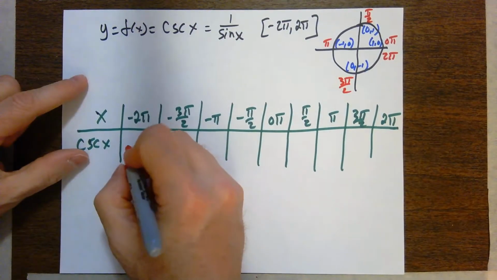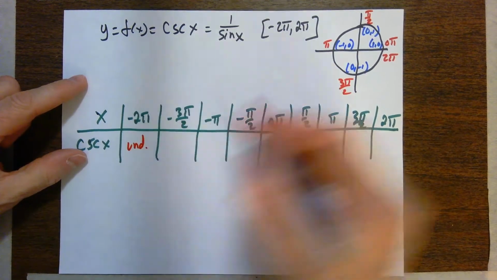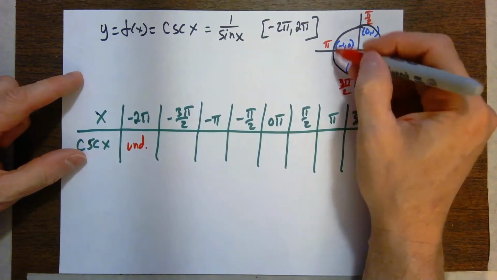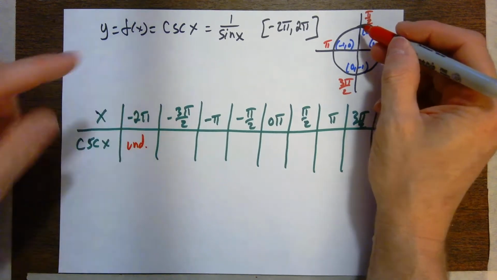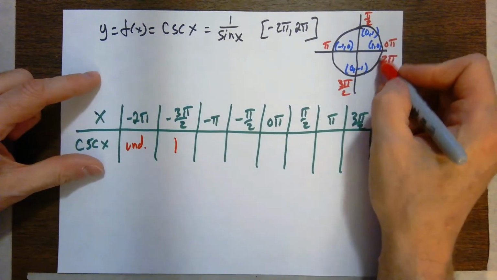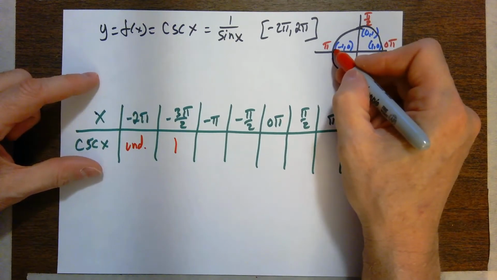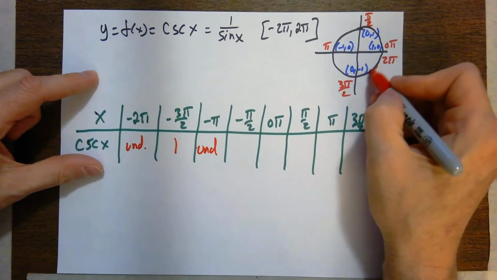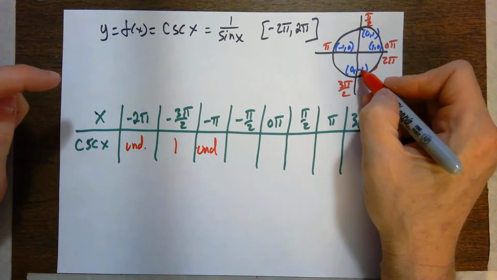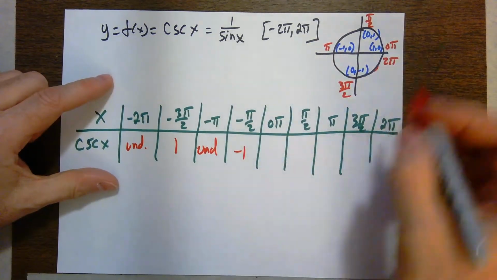That's undefined. How about negative 3 pi over 2? Negative 3 pi over 2 is right there. What's the y value? 1. So 1 over 1 is 1. How about negative pi? What's the y value? 0. So 1 over 0, undefined. How about negative pi over 2? It's negative 1. 1 over negative 1 is negative 1.